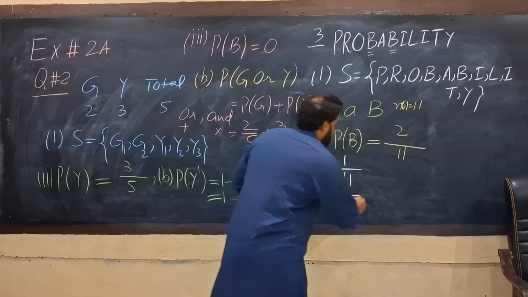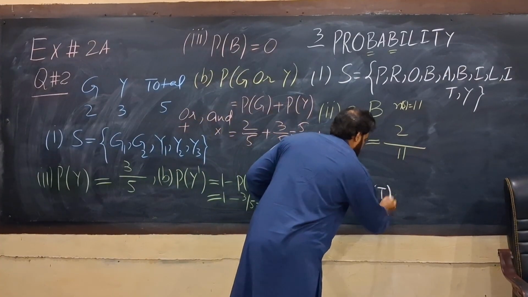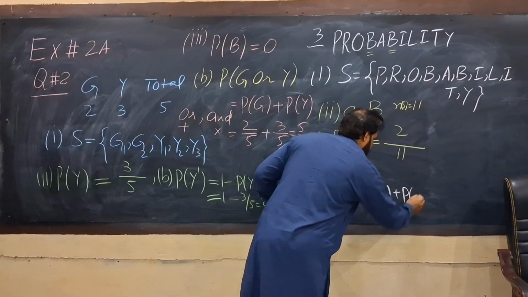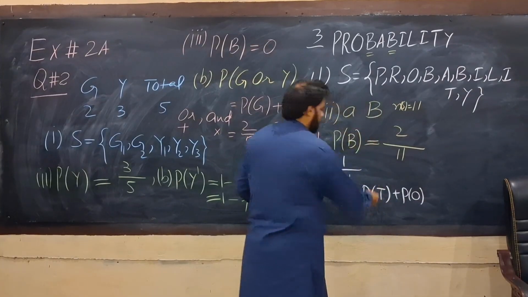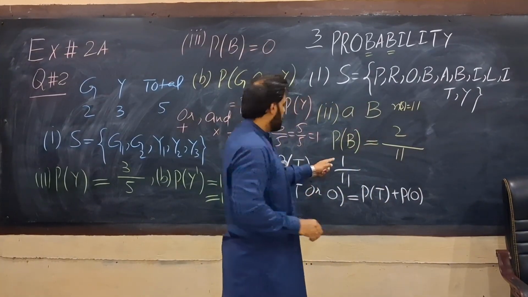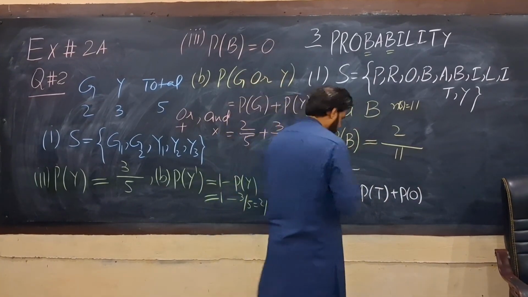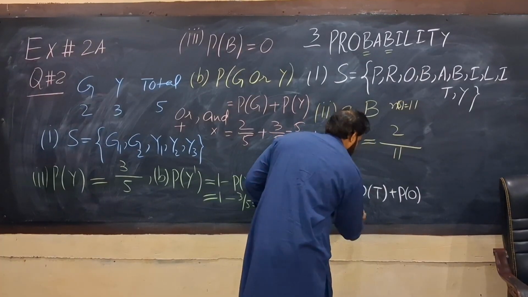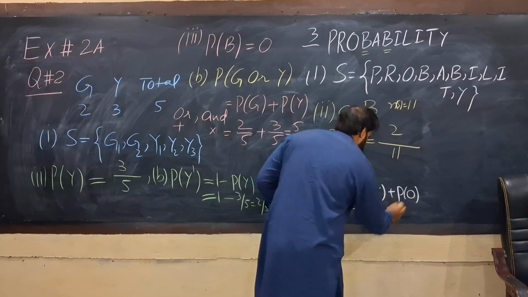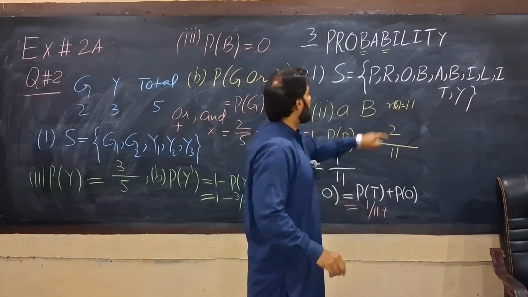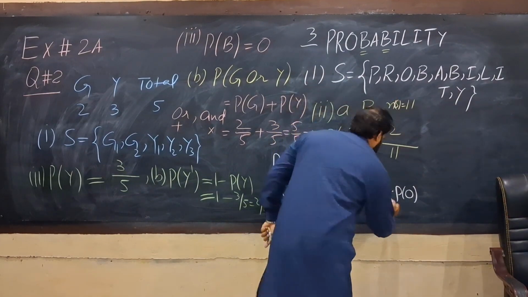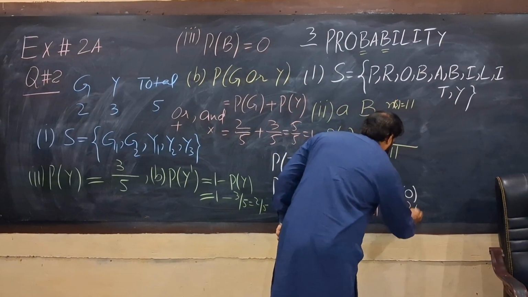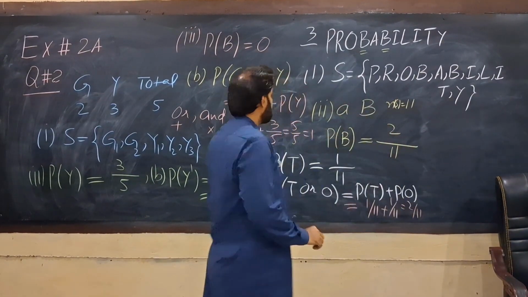So the answer is probability of T plus probability of O. Probability of T is 1 over 11, plus probability of O. O also occurs one time. So in total this probability is 2 over 11.